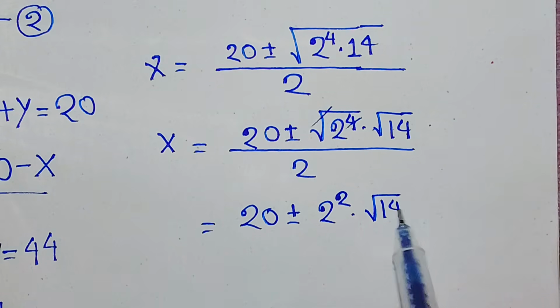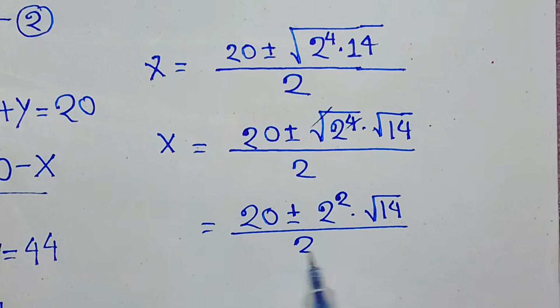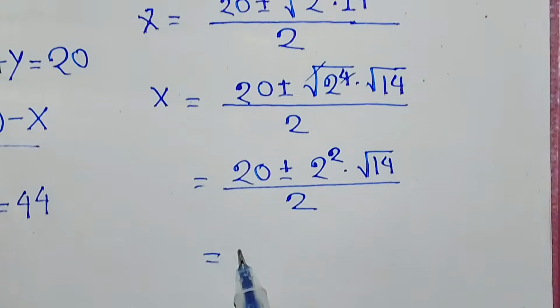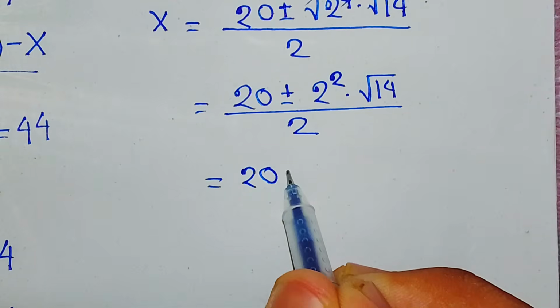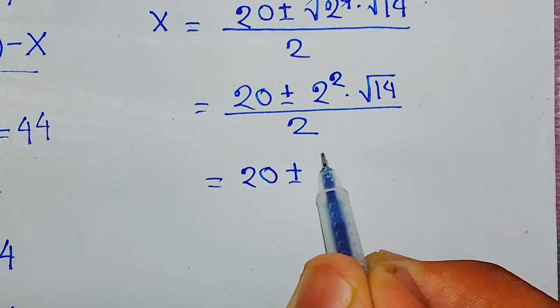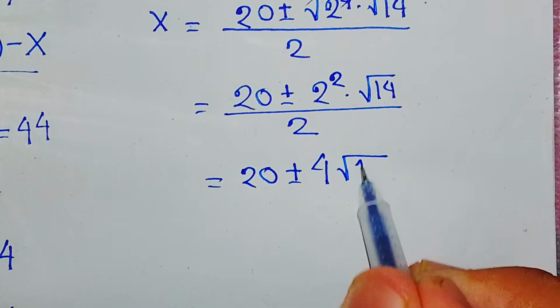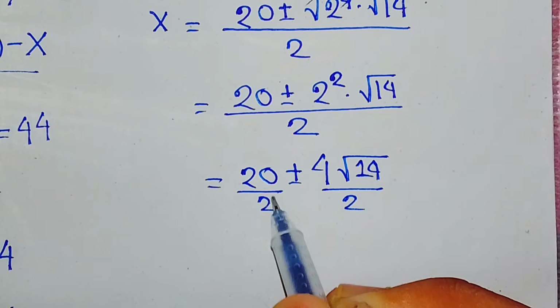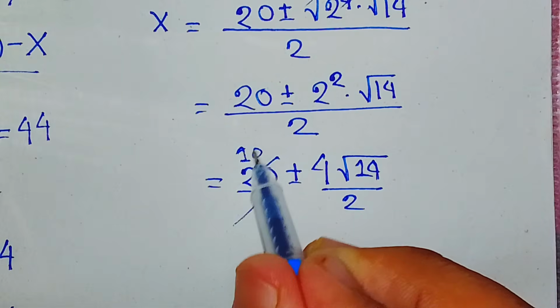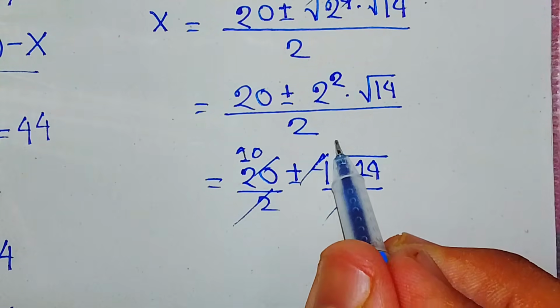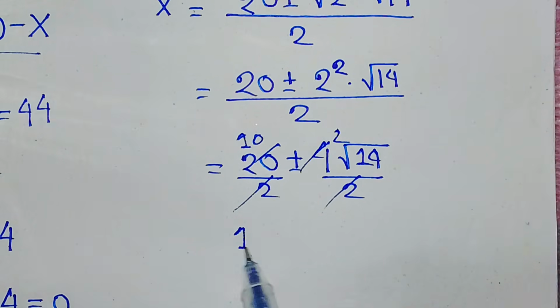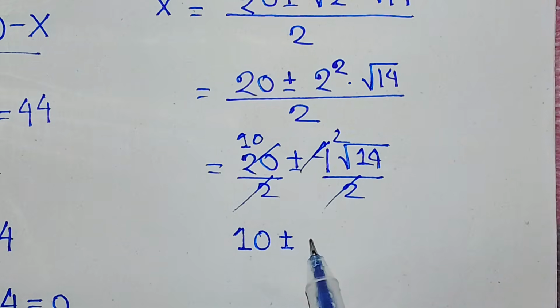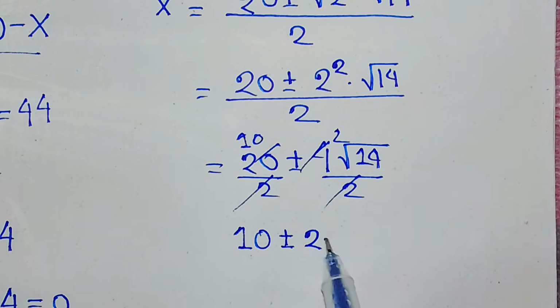So 20 plus minus 4 root over 14 divided by 2. Now this will be cancelled out, we will get 10, and this will be cancelled out, we will get 2. So the simplest value of x will be 10 plus minus 2 root over 14.